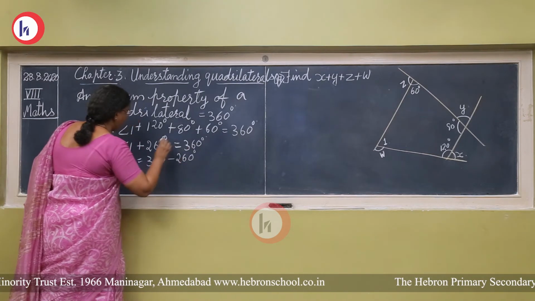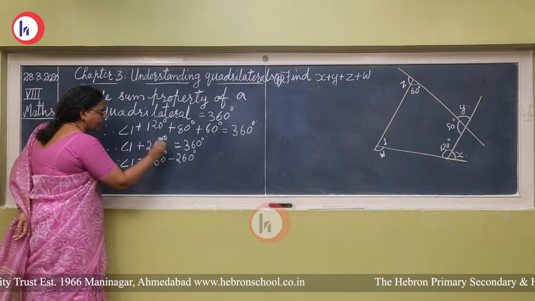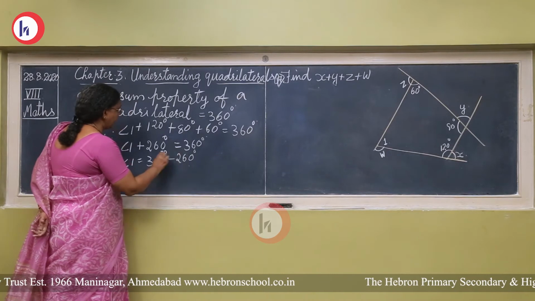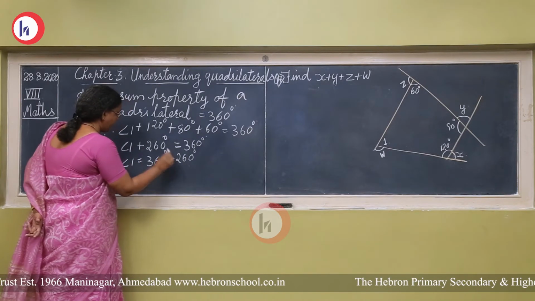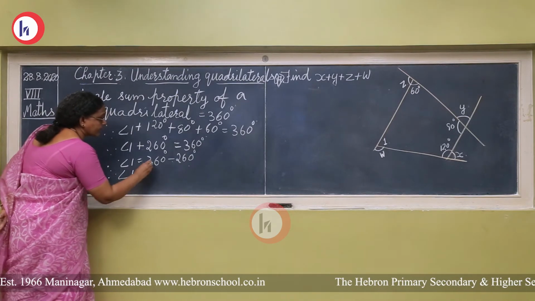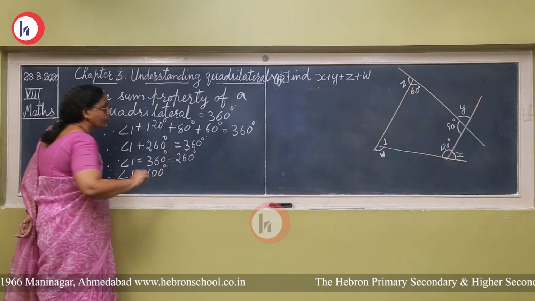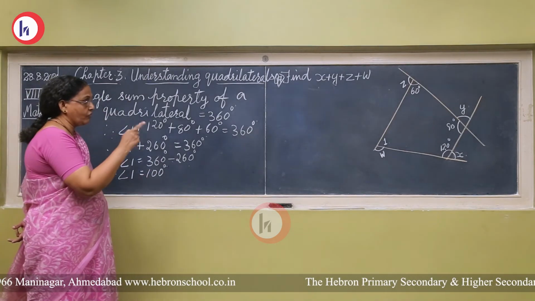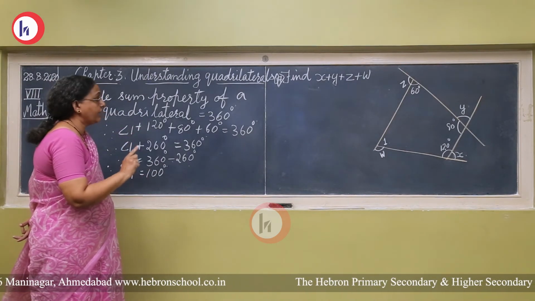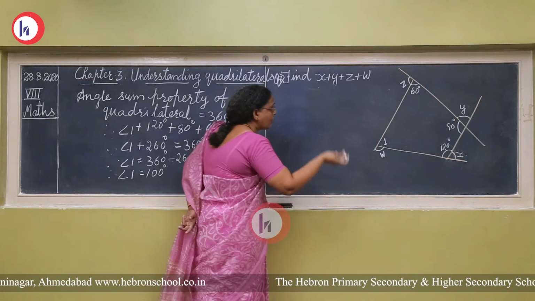This we have learned in our previous lesson on equations: when a term goes from this side to the RHS, it changes its sign. That is why it is minus. Therefore, angle 1 is 360 minus 260, which is 100 degree. Once we get angle 1, we can find W by using the linear pair property.